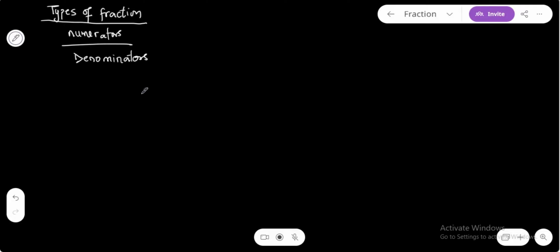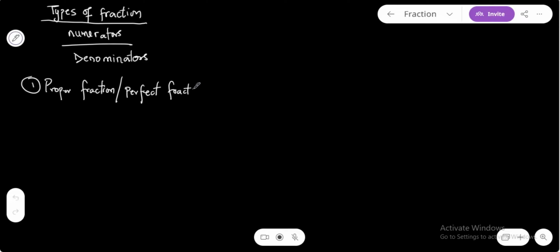Now, in this class we're looking at types of fraction. We'll be looking at three major types of fraction. Number one, proper fraction, which is also called perfect fraction, a fraction that is perfect.